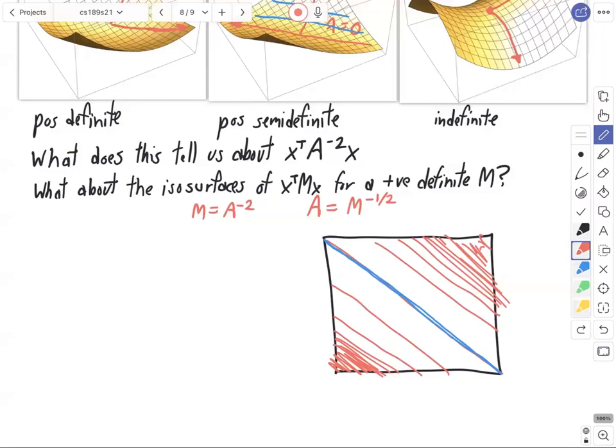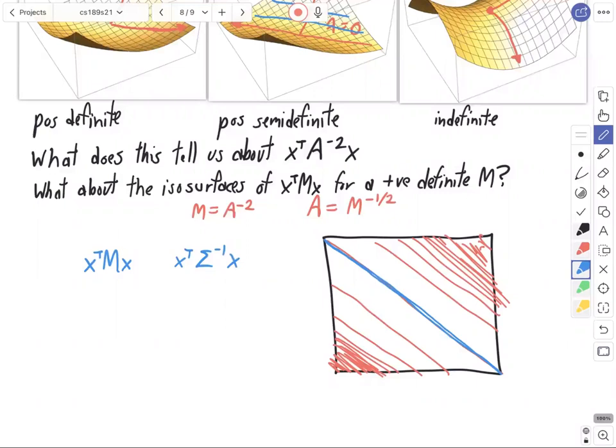Someone asked if we can explain the square root matrix M to the minus 1/2 again. The reason why we're doing that is typically what's going to happen is somebody's going to give you a quadratic form that looks like this. They specify a matrix M and say, hey, x transpose Mx is what you need. Or actually it's going to get a little more complicated in the anisotropic normal distribution. It's going to look like this, where you have a matrix sigma to the minus 1.